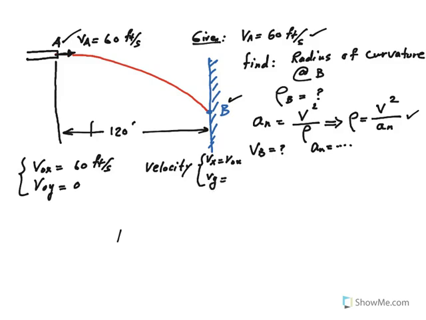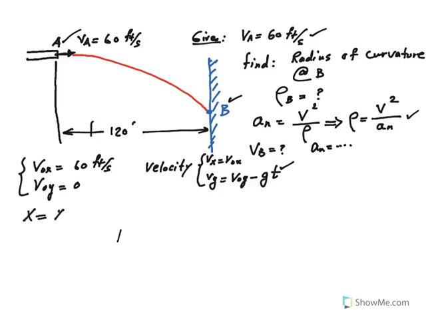The y component changes according to this equation, v0y minus gt. We already know Vx is 60, but what about Vy? How long does it take for the water to get from A to B? That's what we have to determine, and it can be determined easily.